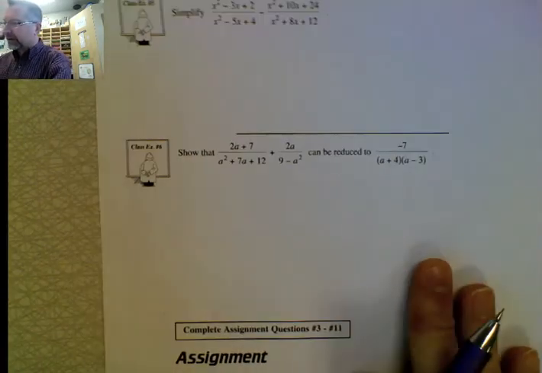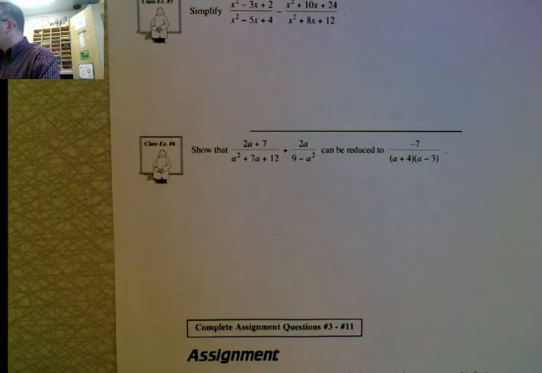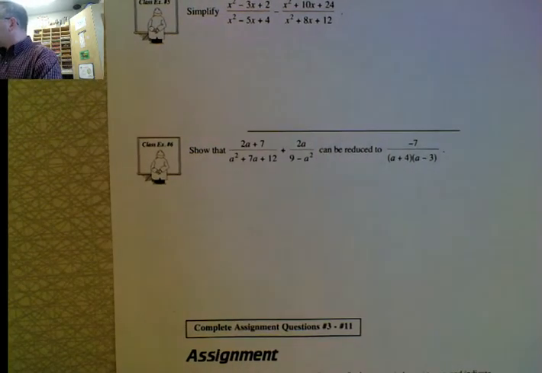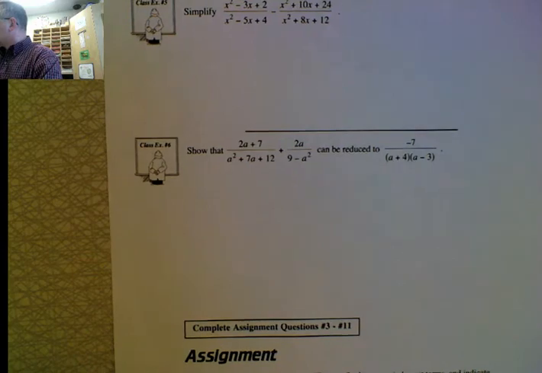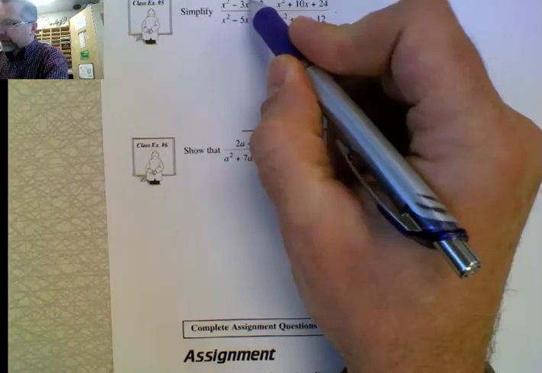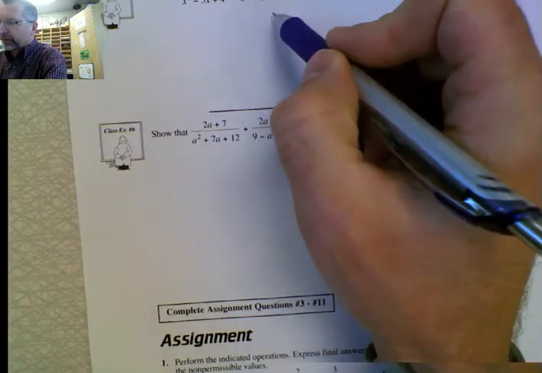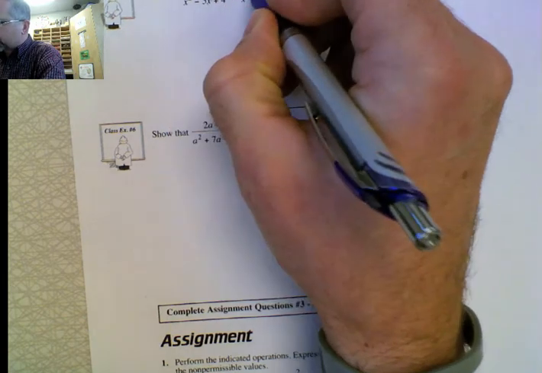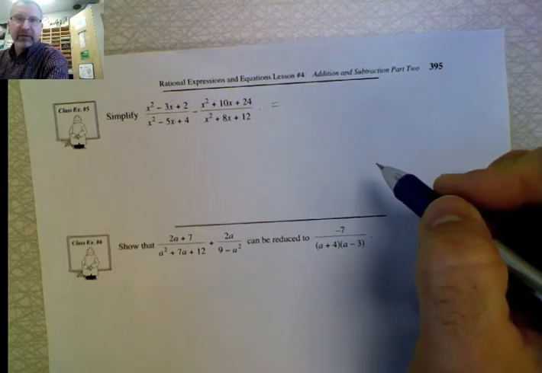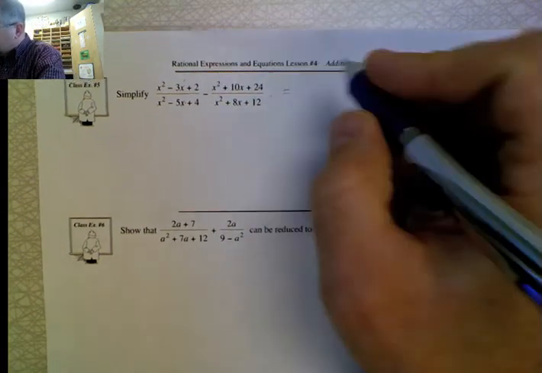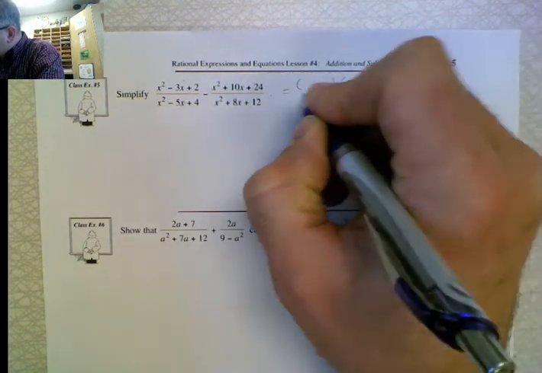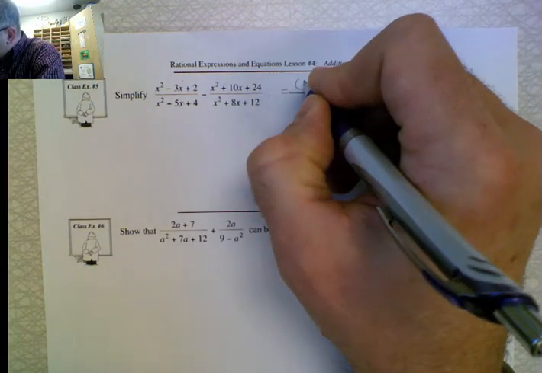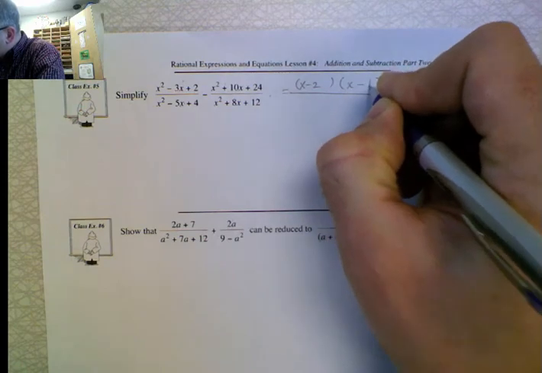Okay, last 2 examples here. What you're going to notice in these last 2 examples is that we have trinomials in the numerator and the denominator. So what we're going to do is factor the numerators and the denominators before we begin to do anything. So my numerator in the first fraction is going to be x minus 2 and x minus 1.